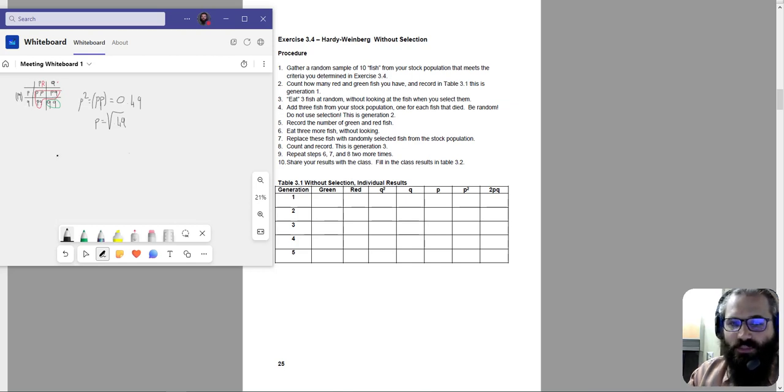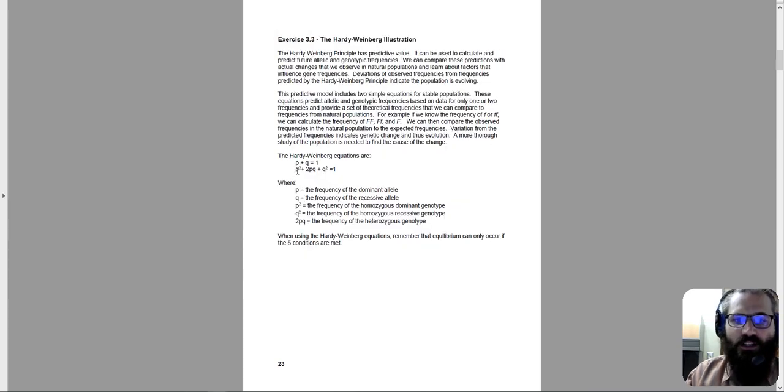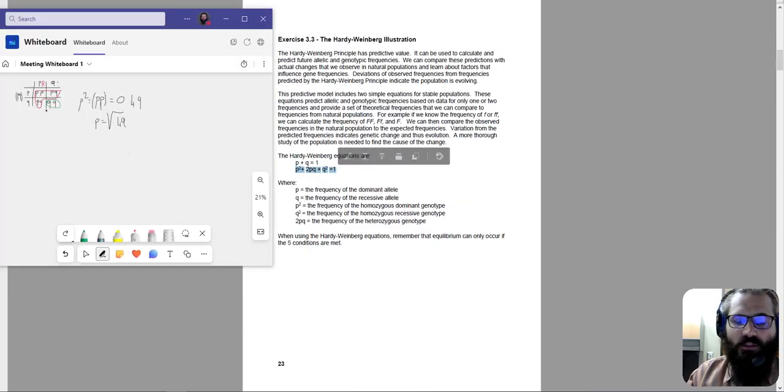Because you know that, you can find q squared. By the way, in this Punnett square, you have q squared here. You have the 2pq, that's the diagonal, 2 times pq, and then you have p squared. So p squared plus 2pq plus q squared, that equation, is your Punnett square, okay?